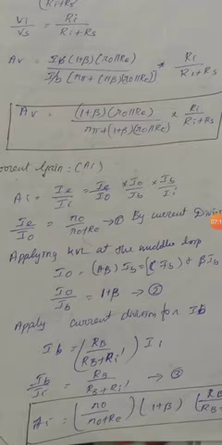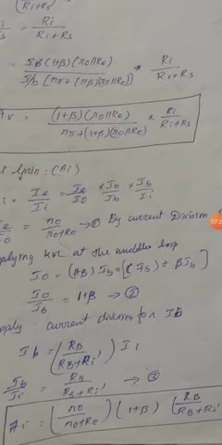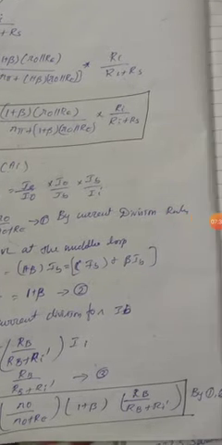So IB by Ii can be written as RB divided by RB plus Ri dash. When I am applying that, we find all three, IE by I naught, I naught by IB, IB by Ii. Just multiply all these three, and we are getting the current gain AI as R naught divided by R naught plus RE, into 1 plus beta, into RB divided by RB plus Ri dash.